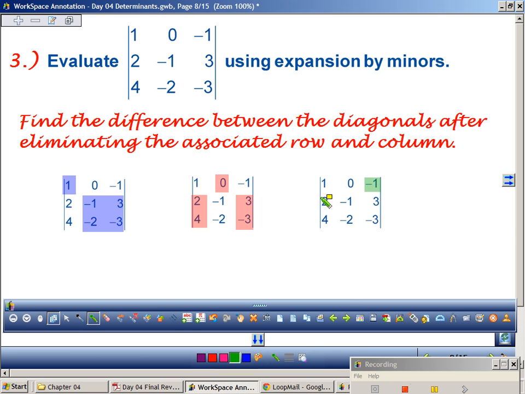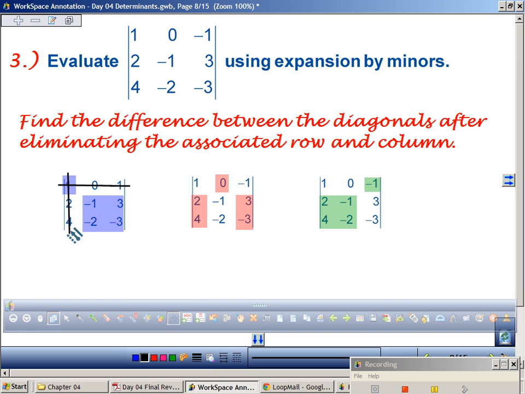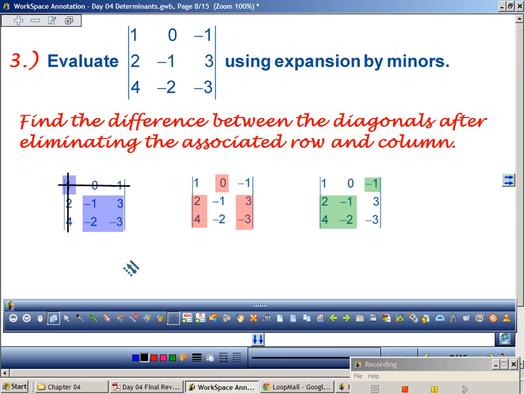And the 1 would be these. Because I cross off that row, the associated row and column. See that?